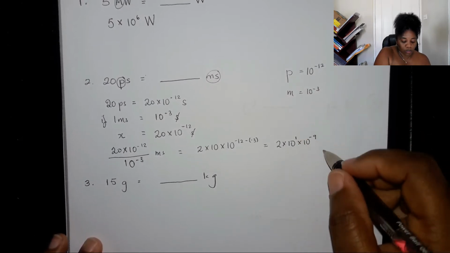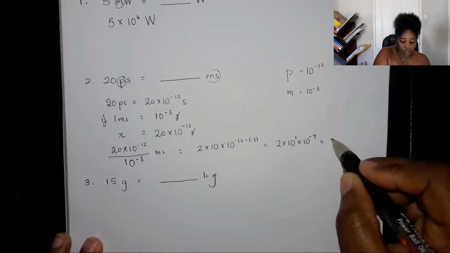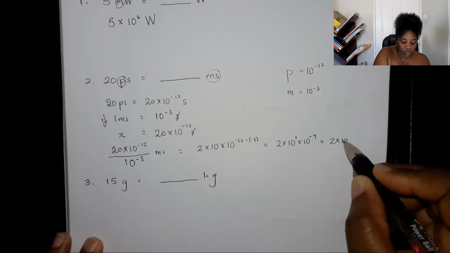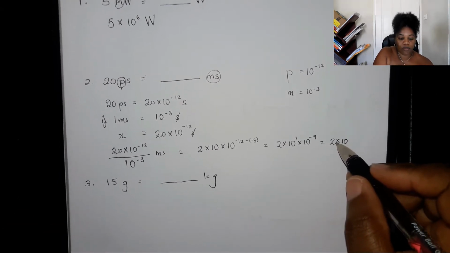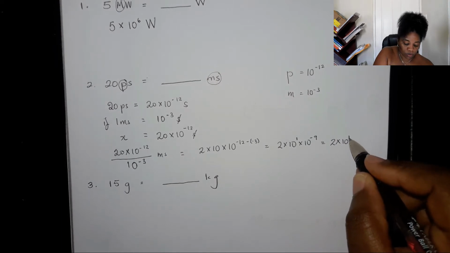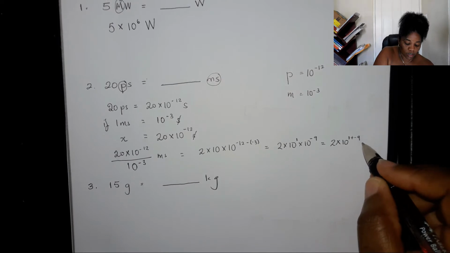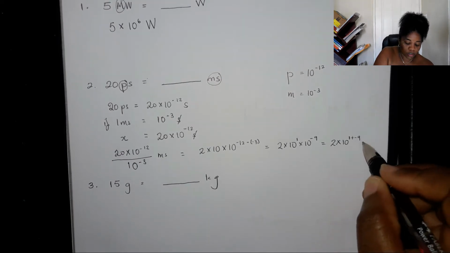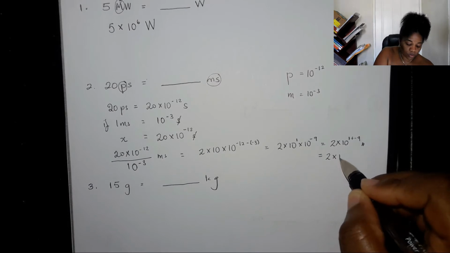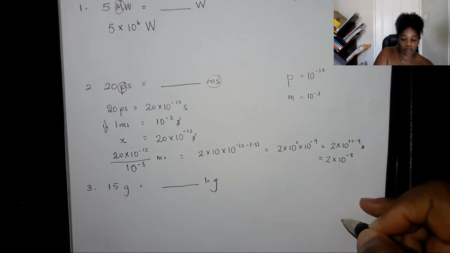And this is 1. And once you multiply, all you have to do is add. So it'll be 2 times 10 to the 1 plus negative 9, and you will get 2 times 10 to the negative 8.